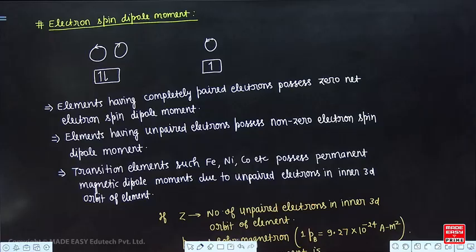Nuclear spin will try to balance not electron spin, but instead the orbital angular motion, because the number of electrons in the orbits will equal the number of protons in the nucleus. So the orbital motion of electrons will try to balance the nuclear motion.